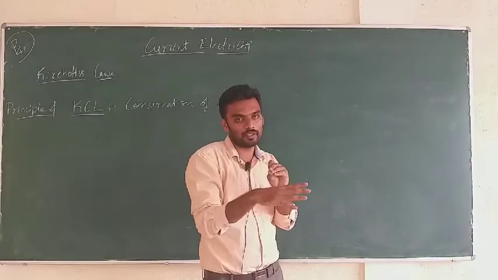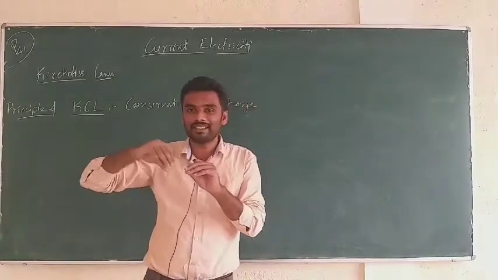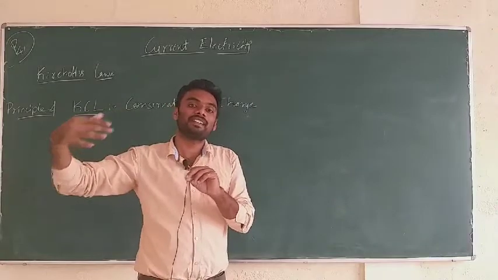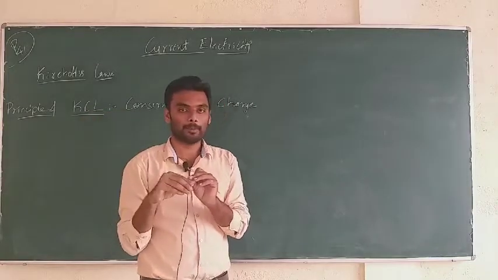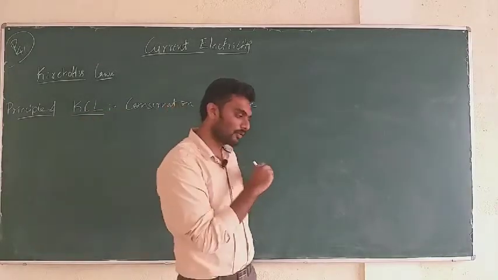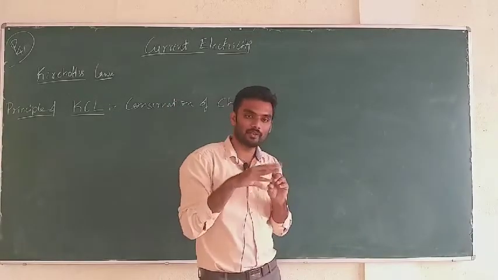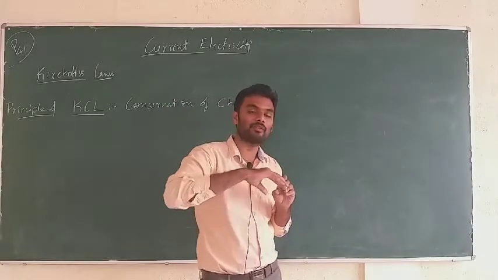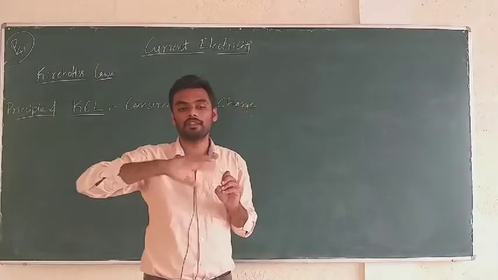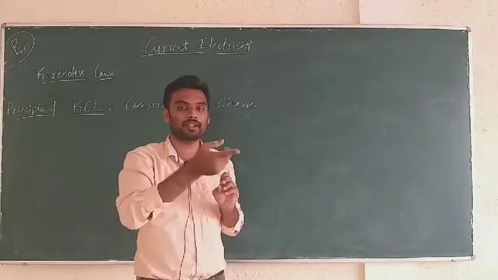Because it's all about total current entering being equal to total current leaving, isn't it? So what is total current entering? It is the total charge entering per unit time and the total charge leaving the node per unit time. Anyhow, there is no leakage of charge, there is no chance of charges going outside the conductor.